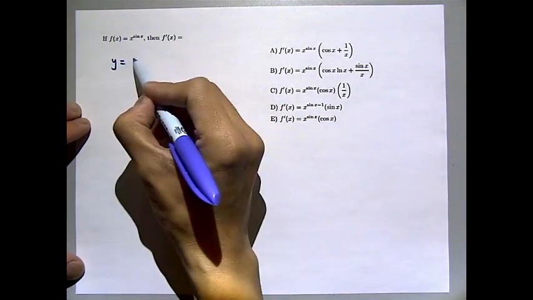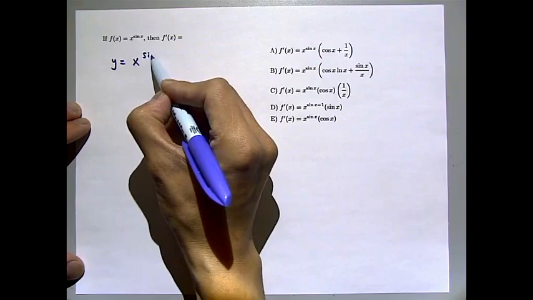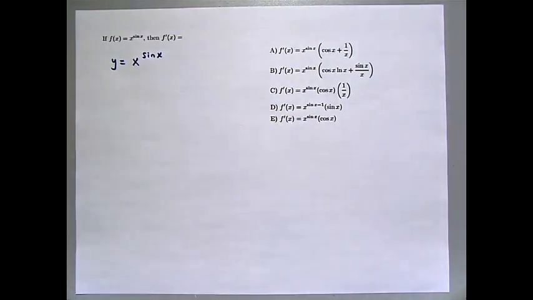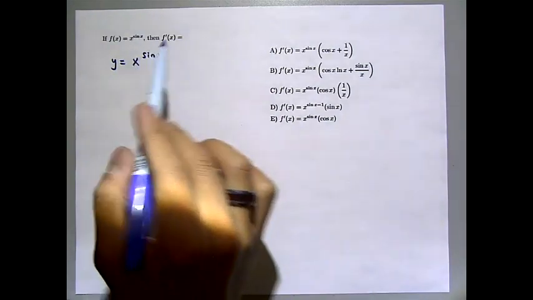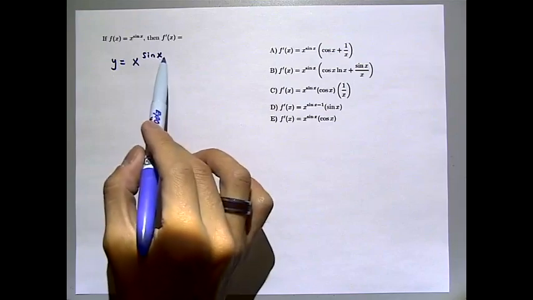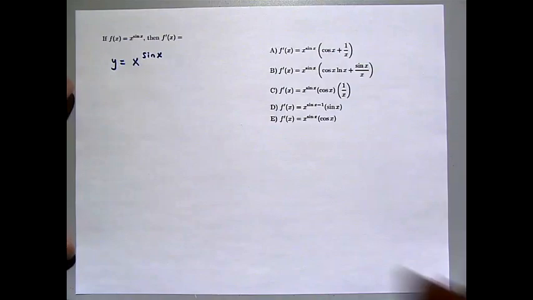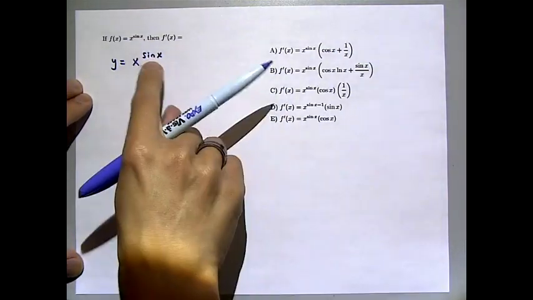Let's call that thing y for now. We want to get that sine out of the exponent. Taking the derivative with the variable in the exponent when the base is not an e or a constant is very cumbersome. Let's take the natural log and get that sine out of it.